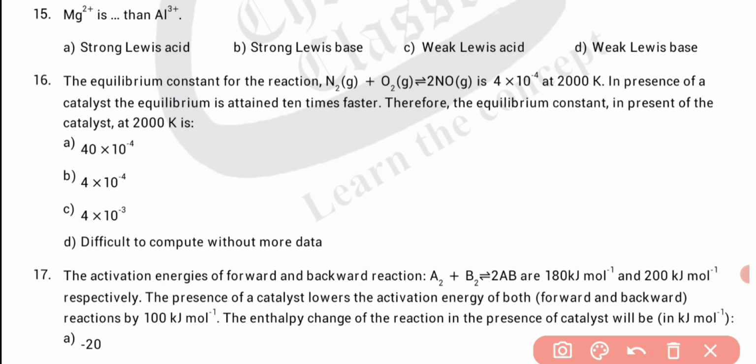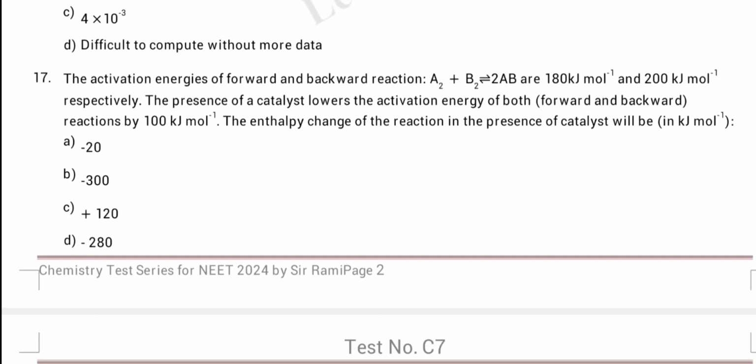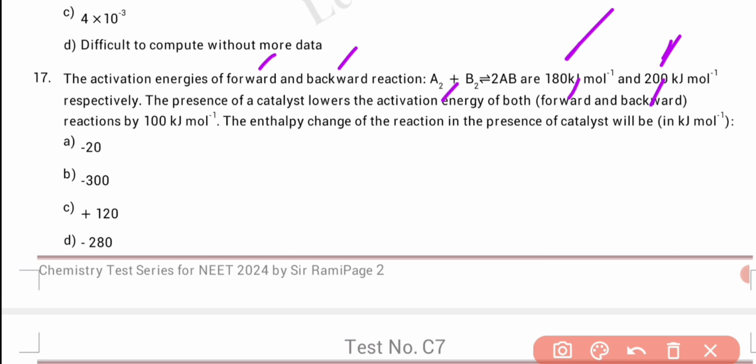Okay. Let us move to the next question, 17. The activation energies for the forward and backward reaction are 180 kilojoule per mole and 200 kilojoule per mole respectively. The presence of a catalyst lowers the activation energy of both forward and backward reactions by 100 kilojoule per mole.